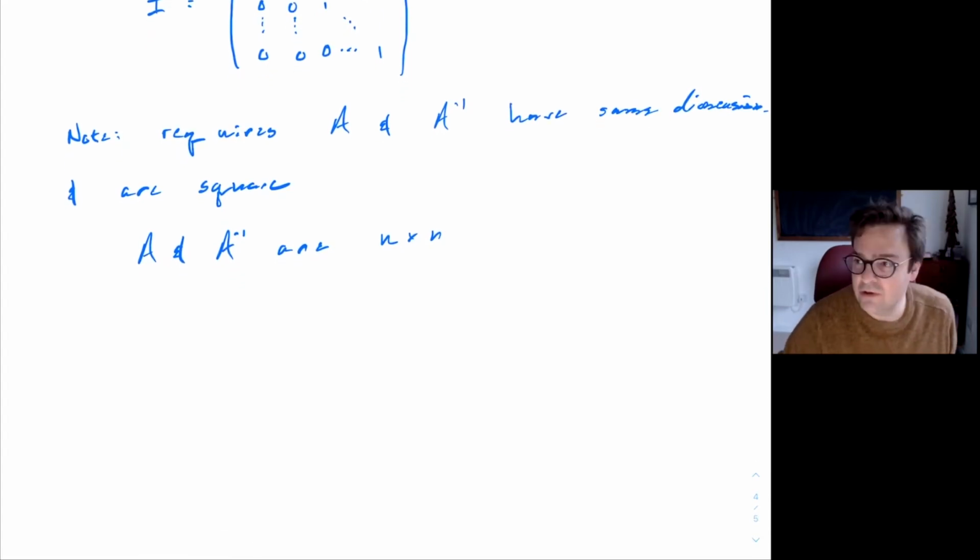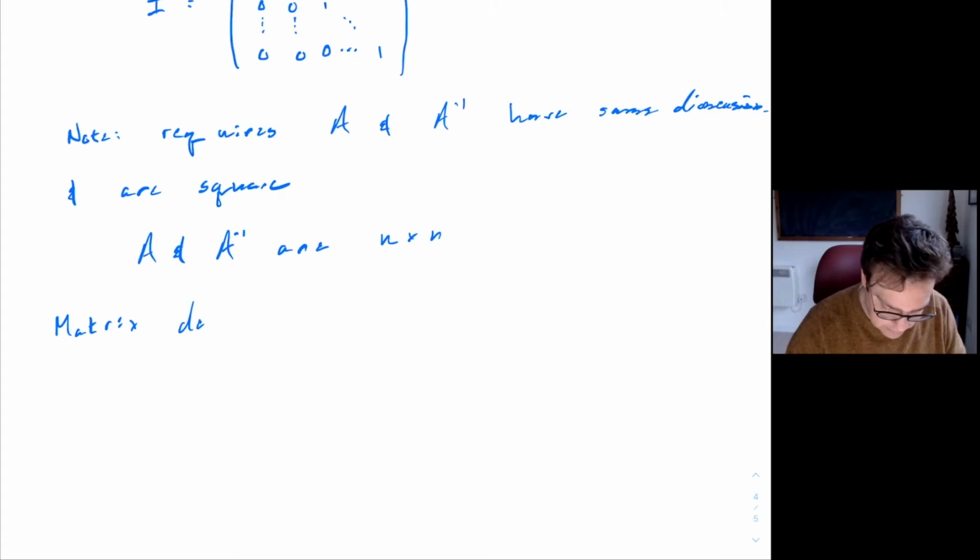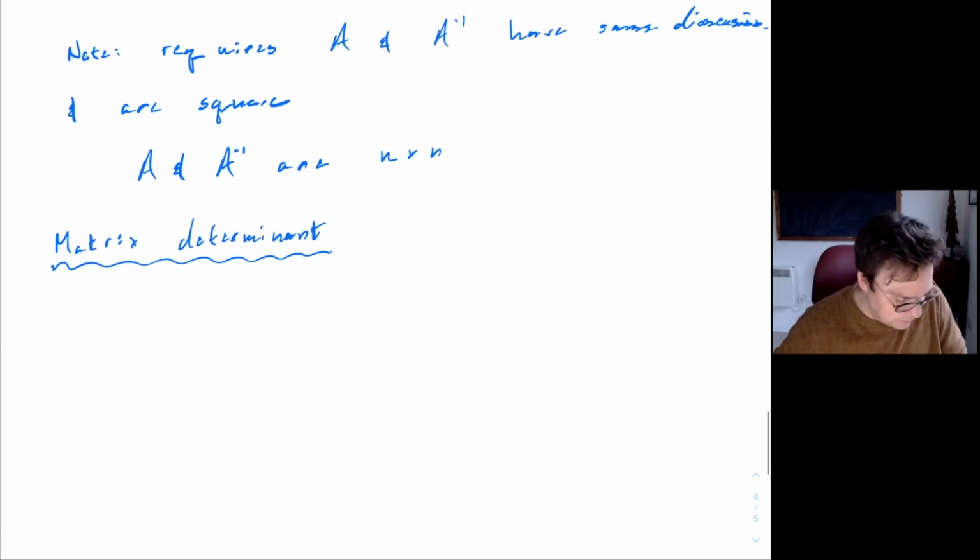And so we'll see something about that here. So we're going to introduce our last concept for today, I think. Oh no, we have one more after that. The matrix determinant. Right, and so the matrix determinant is the closest thing to the size of a scalar for a matrix.